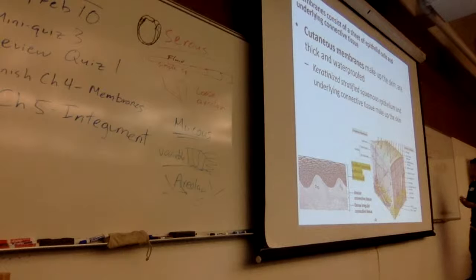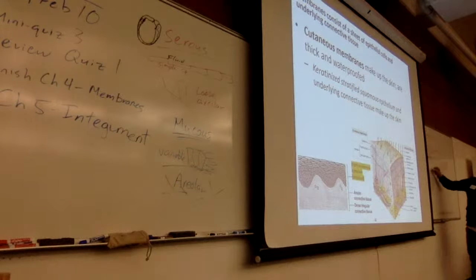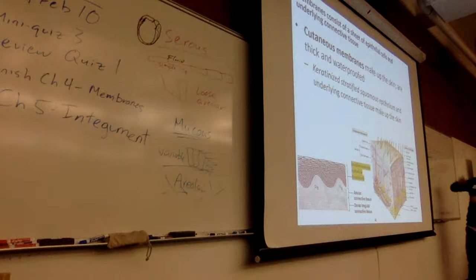And then deep to that, which is actually much thicker, is dense irregular. So it goes keratinized stratified squamous, a thin layer of areolar, a thick layer of dense irregular. All of that is cutaneous membrane.